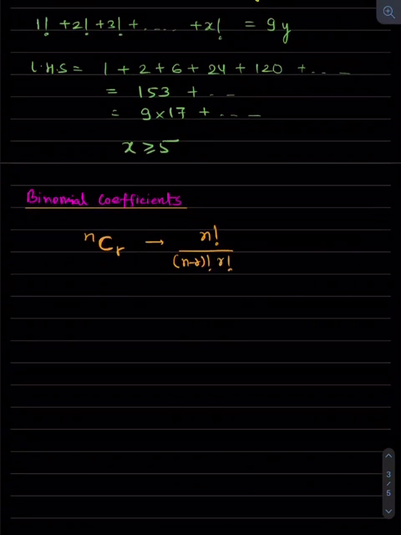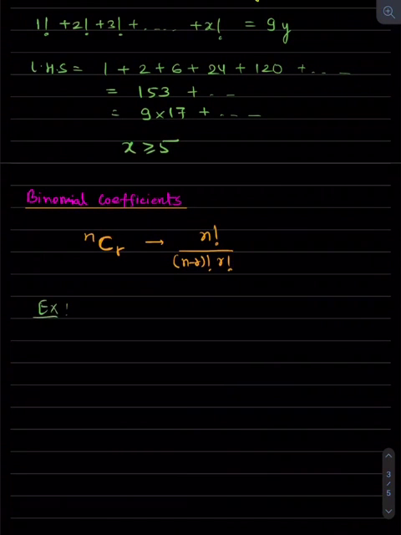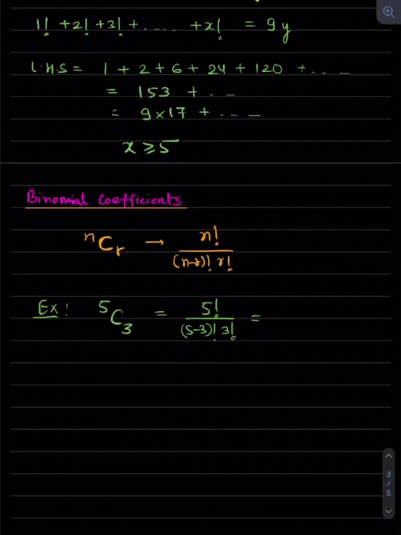Okay, see one example. If I write what is 5C3, so in place of n I took 5, in place of r I took 3. And what is the value of this? So 5C3 can be written as 5 factorial upon (5 minus 3) factorial into 3 factorial. So this is 5 into 4 into 3 factorial.